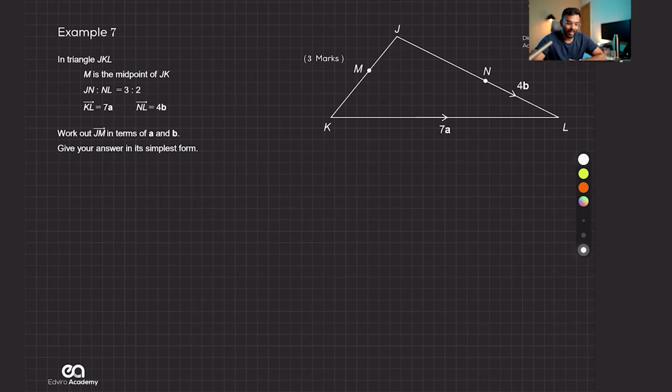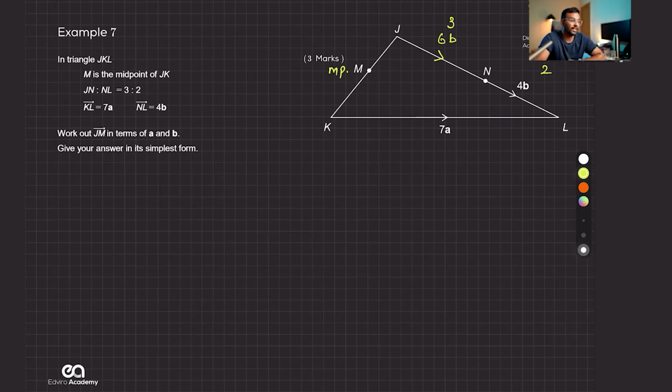All right. So in triangle JKL, M is the midpoint. I like to write M P right next to it, letting me know it's a midpoint of JK. JN to NL is 3:2. So this is 3 and this is 2, which just tells me JN is, what is JN, guys? 6B.